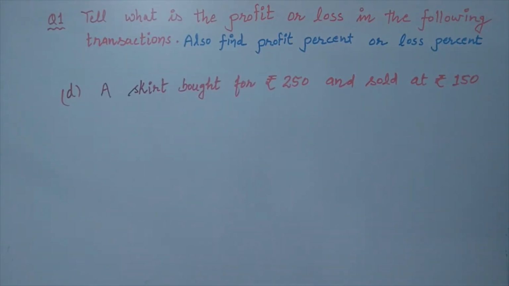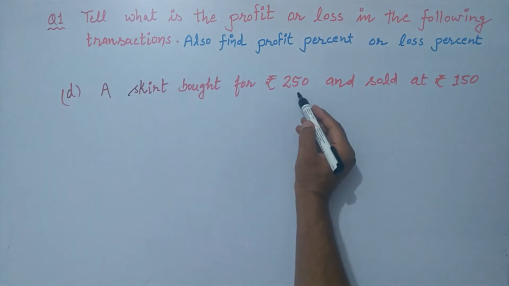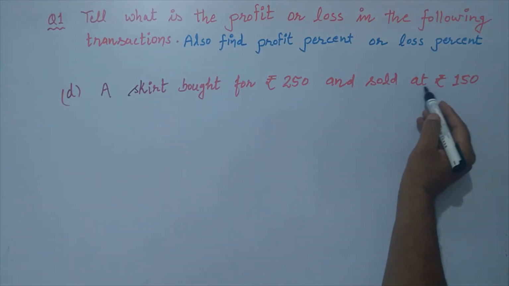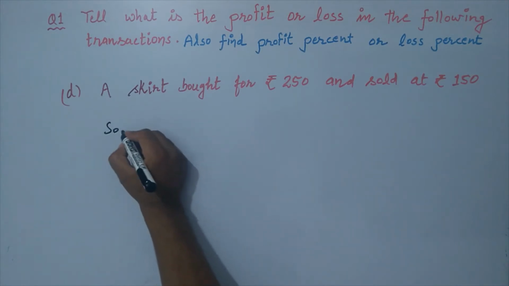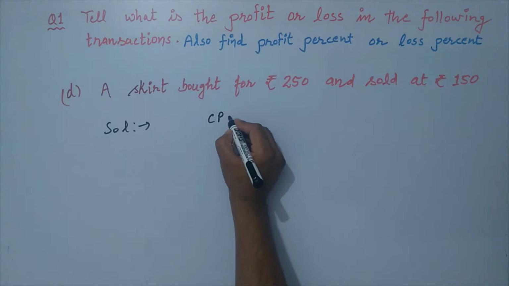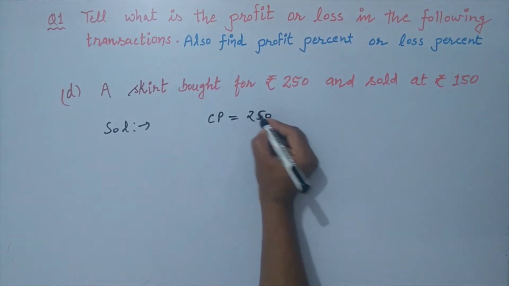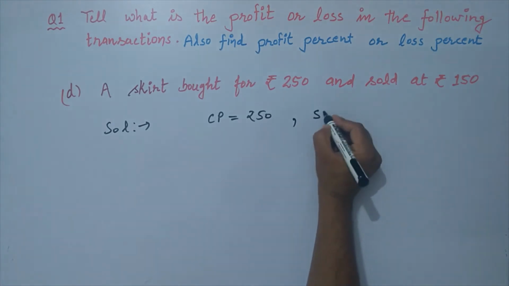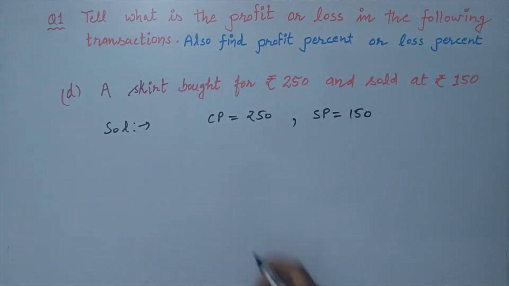Now we have D part of question number 1. A skirt bought for rupees 250 and sold at rupees 150. Here what we see, cost price is equal to 250, whereas selling price is equal to 150.